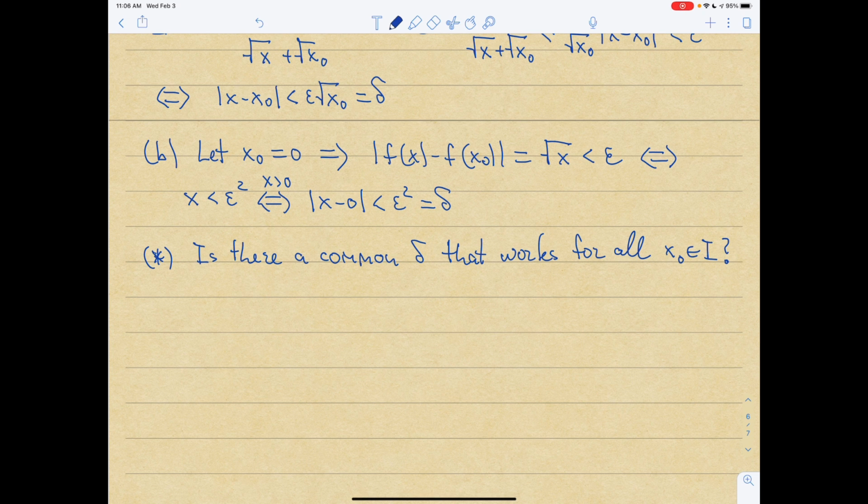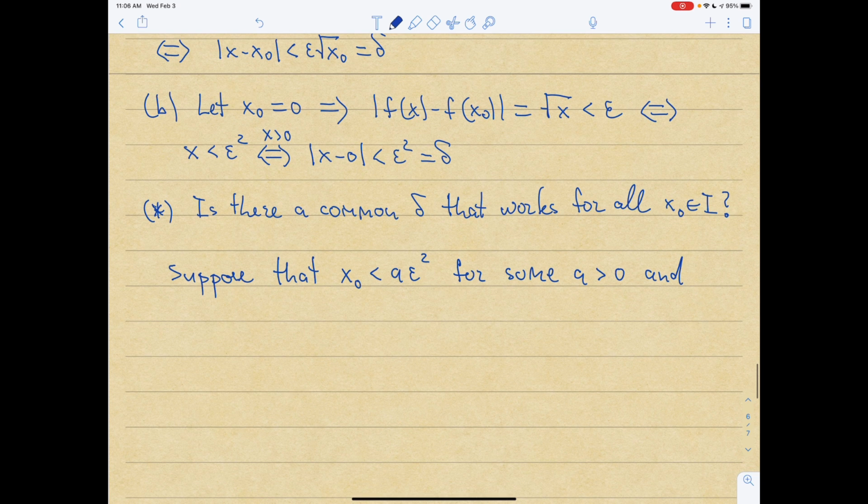So let's for now suppose that x0 is less than a epsilon squared for some positive a, and that delta is equal to a epsilon squared as well.